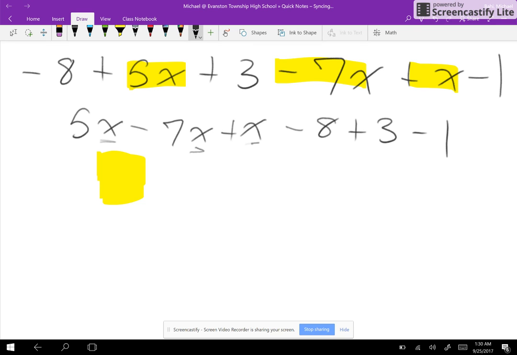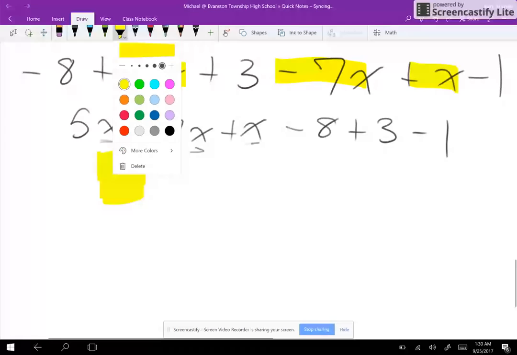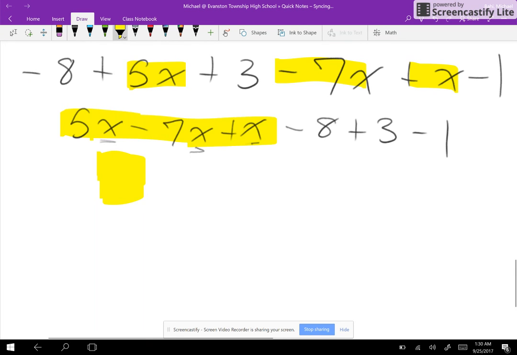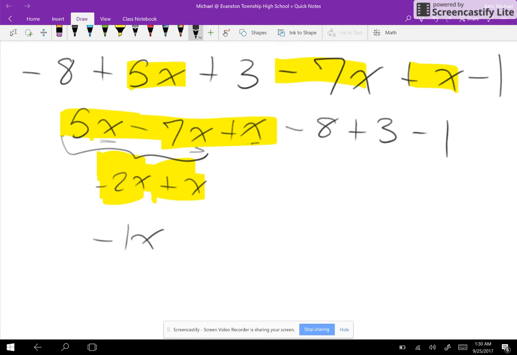So, combining these like terms, we get negative 2x plus x, and combining those two, negative 2x plus 1x is negative 1x. Which we can just say negative x.